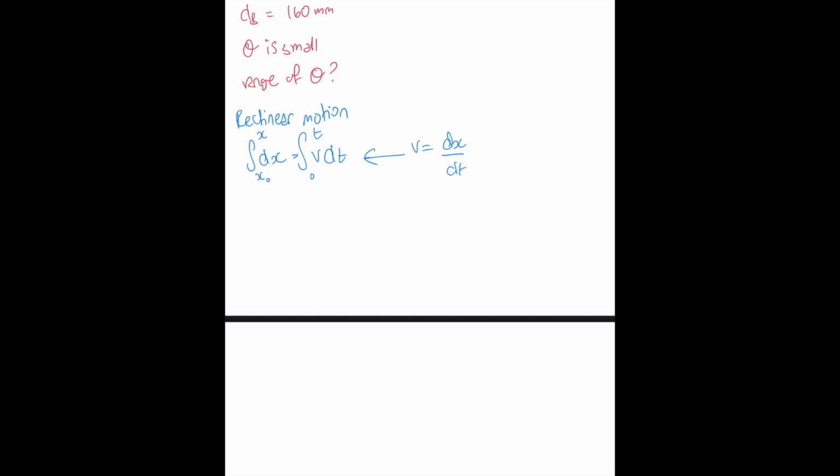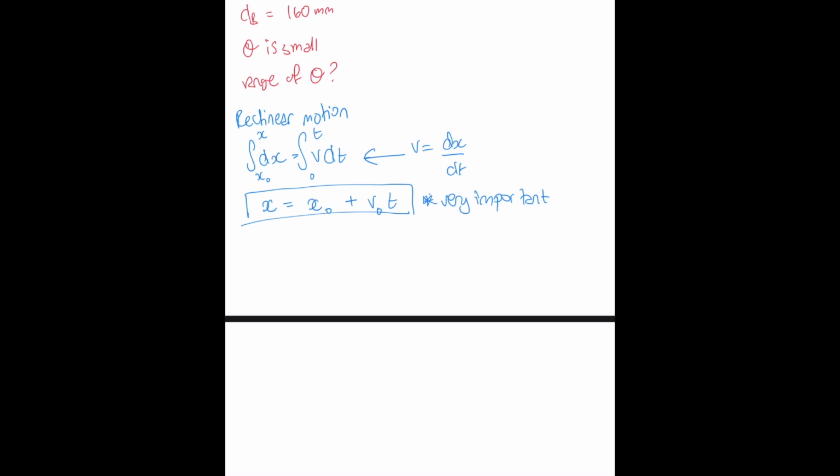So from this equation over here, we can integrate dx to get x is equal to x naught plus v naught t. This is a very important equation that we're going to be using.